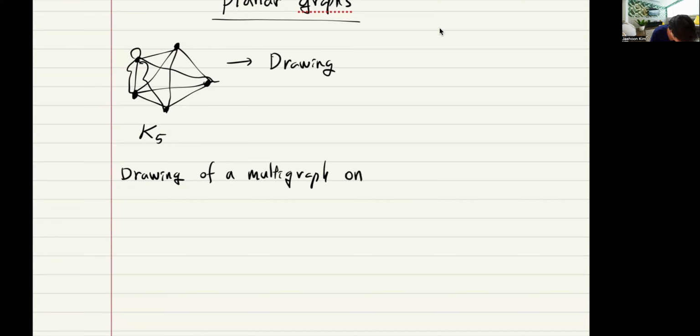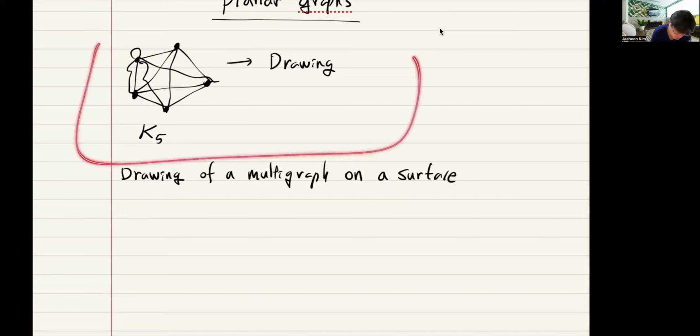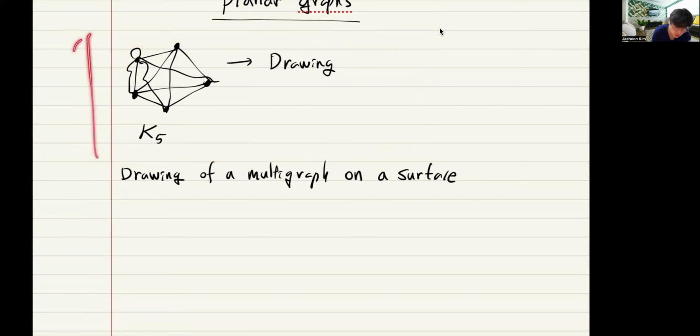This is what we draw, a graph on a surface. This paper or board is a surface, some type of surface. Even if you don't have a flat surface, say you have a sphere, you can draw a graph on the sphere. So as long as it is a surface, we can draw it.